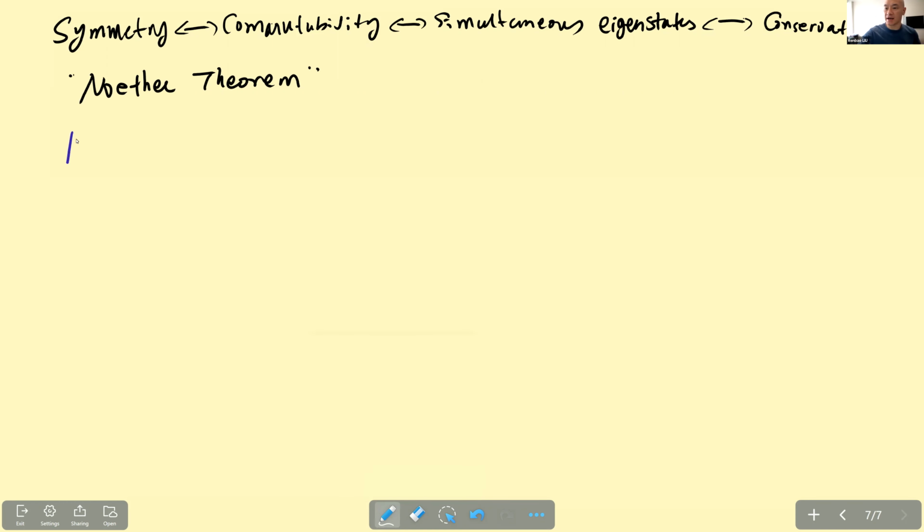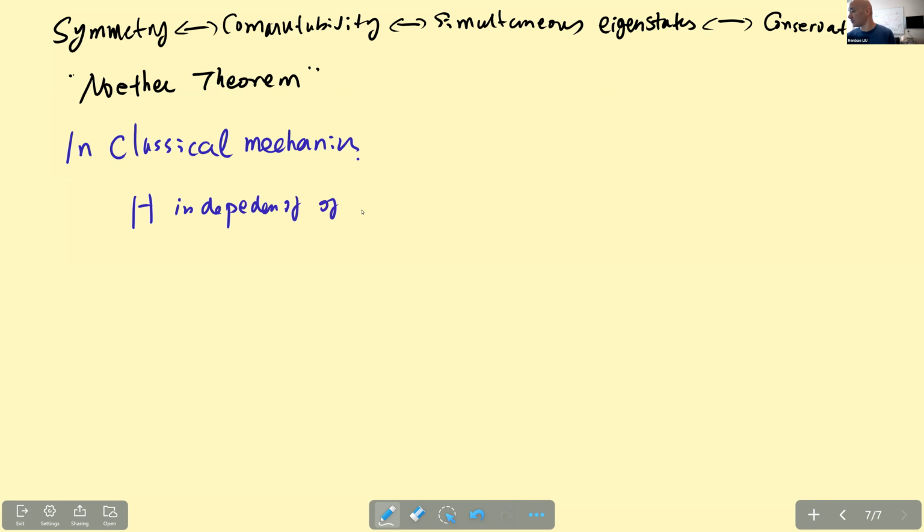And we know that in classical mechanics, if I have a symmetry, for example, if I have H independent of x, we say that this is the translation symmetry.